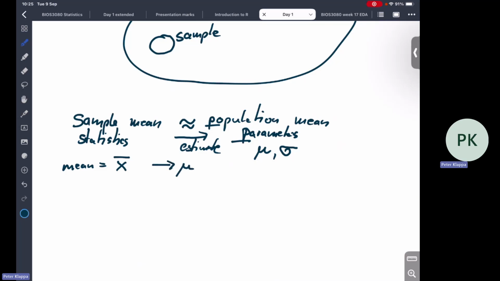And what we can do now is say, instead of the population mean, mu, which we don't know and probably will never find out, because I can't measure everybody, I use X bar as an estimate.